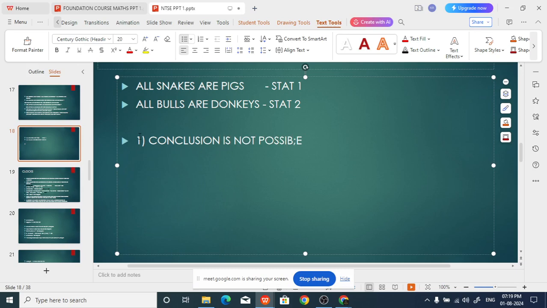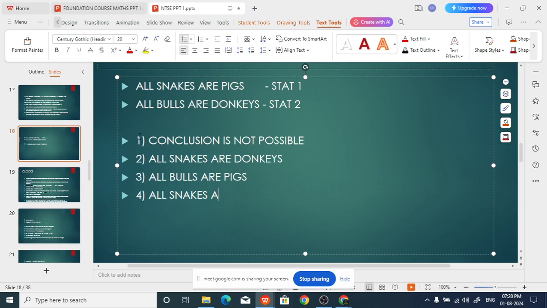Option 2, all snakes are donkeys. Option 3, all bulls are pigs. Option 4, all snakes are pigs. What is the answer?